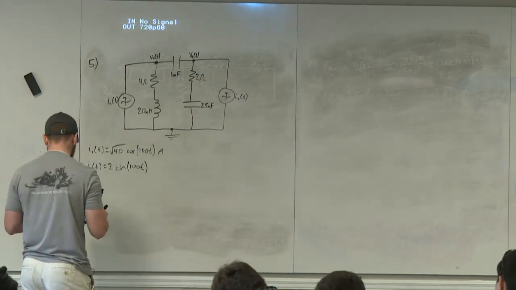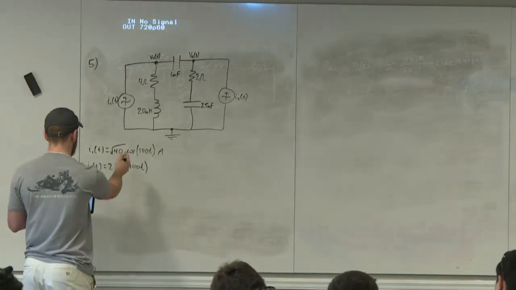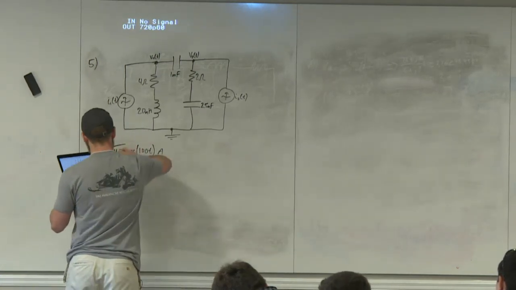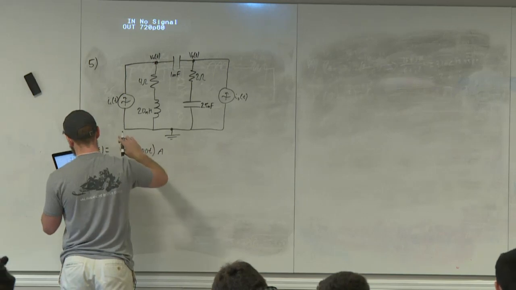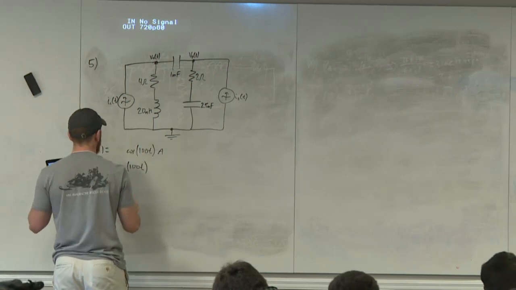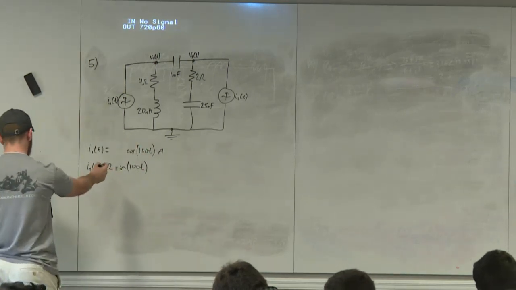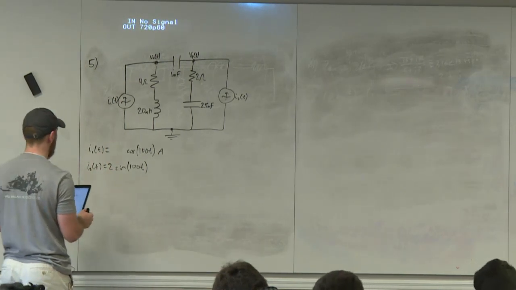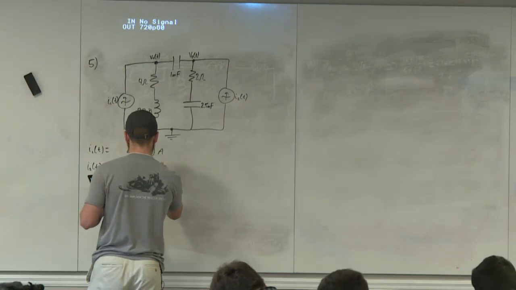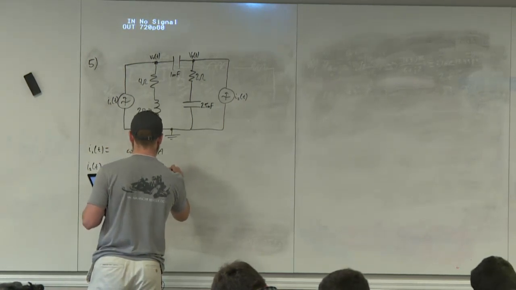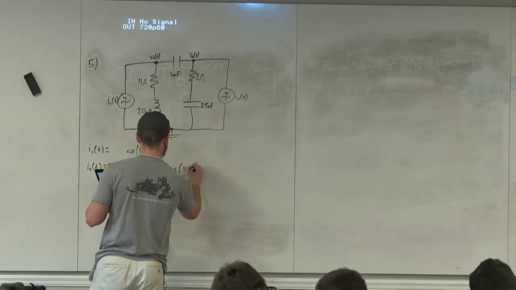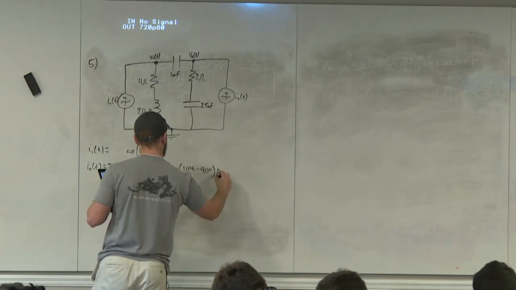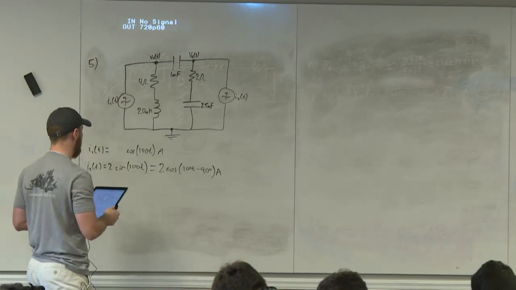Sorry, I accidentally wrote down the wrong thing. That's just cosine 100t. Whenever I see sine, I like to convert it to cosine right away. So that's equal to 2 cosine 100t minus 90 degrees. So now we're working with cosines, so we're good.